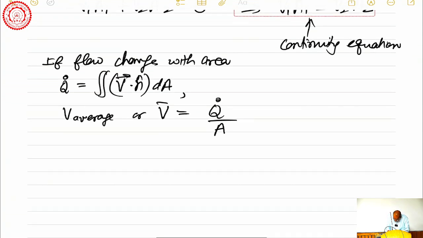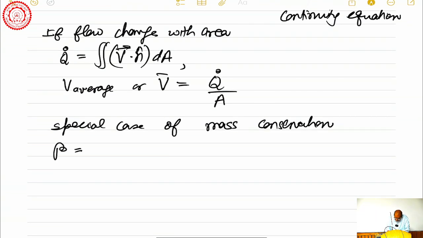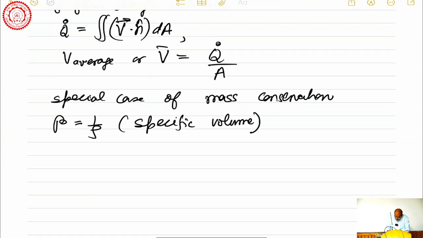Now there is a special case of mass conservation where we take beta is equal to 1 over rho, or specific volume. So B is equal to.